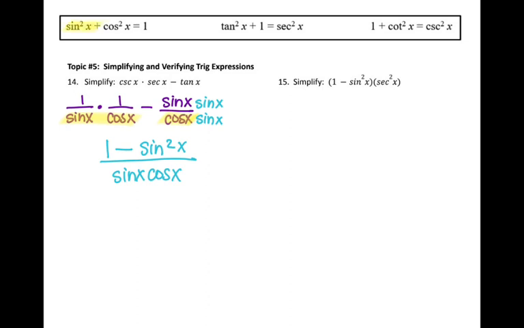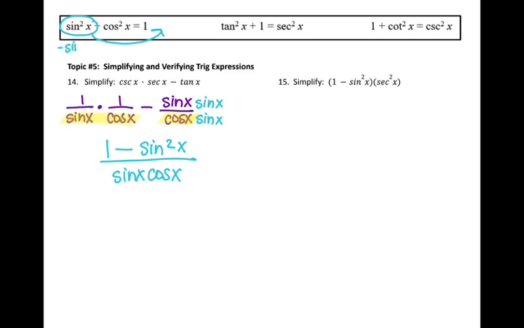If I look at my Pythagorean identities at the top, I can see that sine squared plus cosine squared equals 1. What I can do with this is I can rearrange this particular equation. So since I want to have 1 minus sine squared, I can take this and move it to the other side by subtracting.